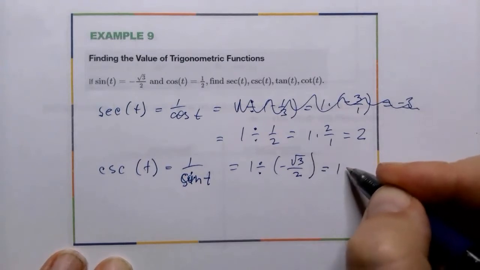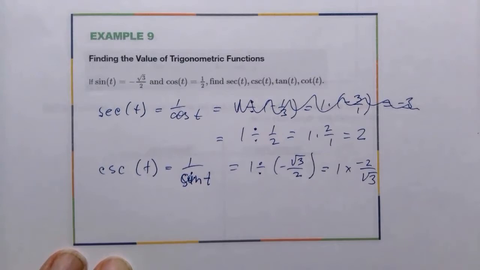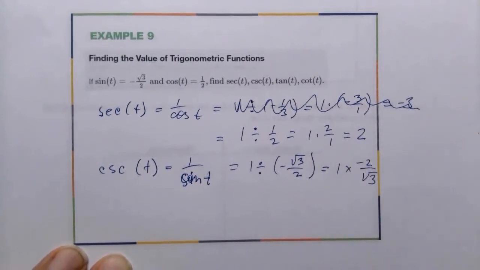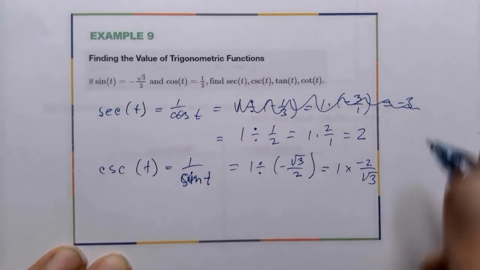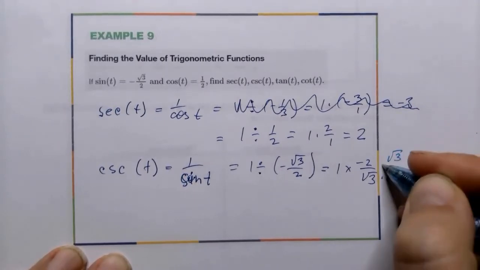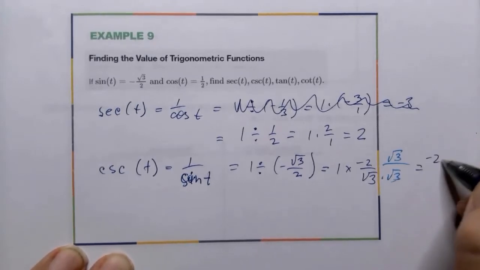So 1 multiplied by -2 over √3. So again, that's just -2 over √3, and we need to rationalize. So that's -2 roots of 3 over 3.